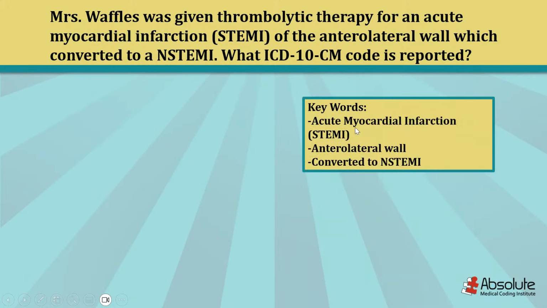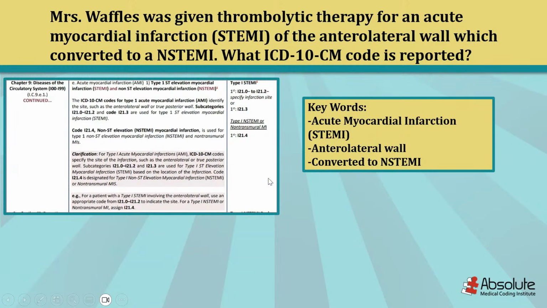So our keywords that we took out of there are going to be our acute myocardial infarction, specifically STEMI, and then our anterolateral wall, and then obviously converted to the NSTEMI, and everyone was outstanding finding the guideline. And this is what it's going to look like specifically in the MCG manual.